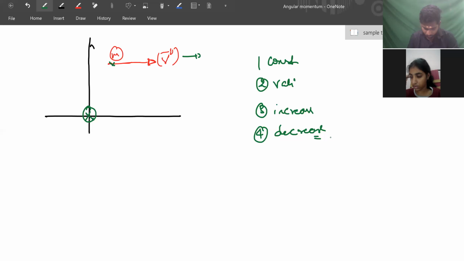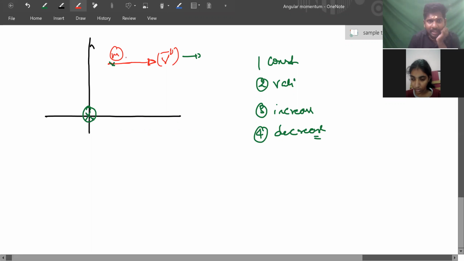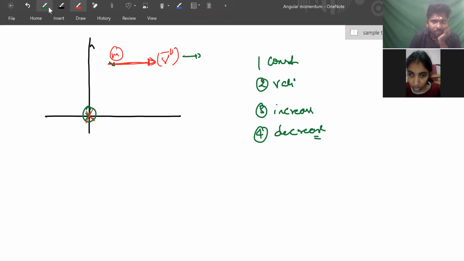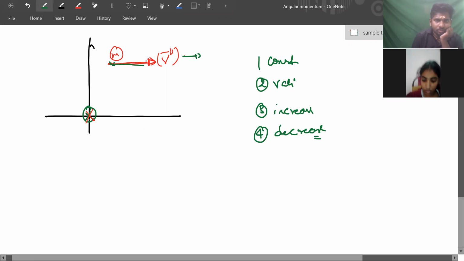It will be variable, sir. Why did you say that? If it has to be constant, then both should exert the same angular momentum, no, sir. What both? There's only one particle here. This is the point about which you have to find the angular momentum. Okay, fine.